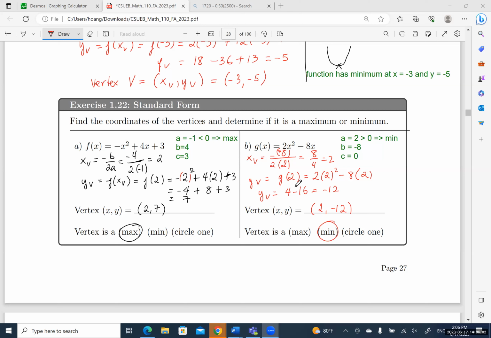But watch out with the yv because I made mistakes here somewhere. Okay, so I have g of 2. I substitute the x inside the function here. G of 2 is going to be 2 times 2 squared. This part is still correct. So 2 times 2 squared minus 8 times 2. 2 times 2 squared is going to be what? 8. Okay, so this is supposed to be 8.